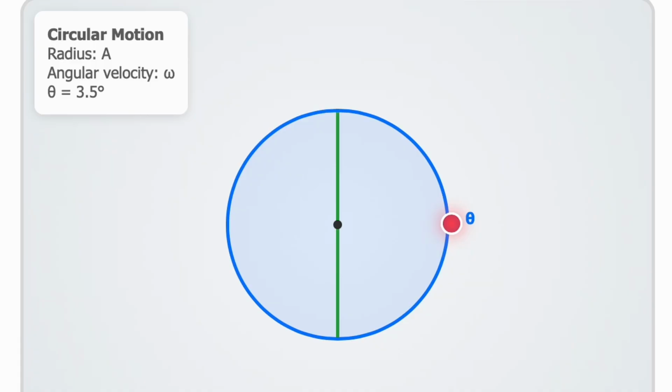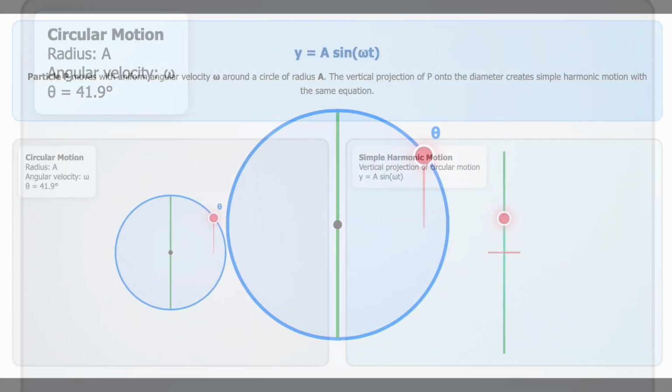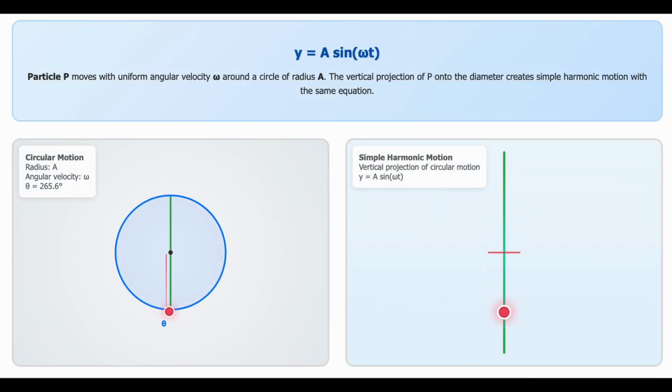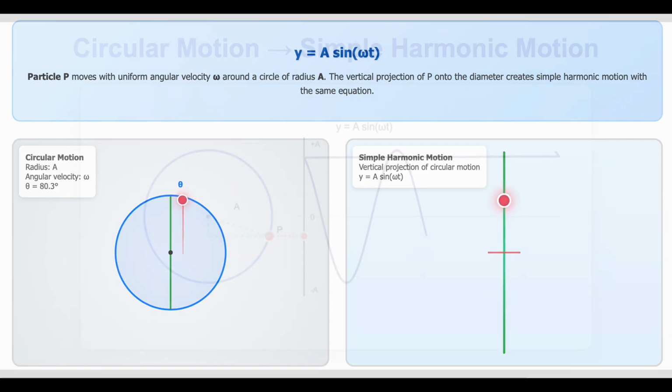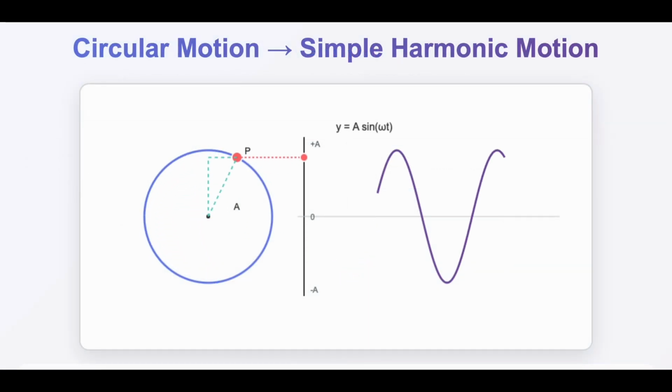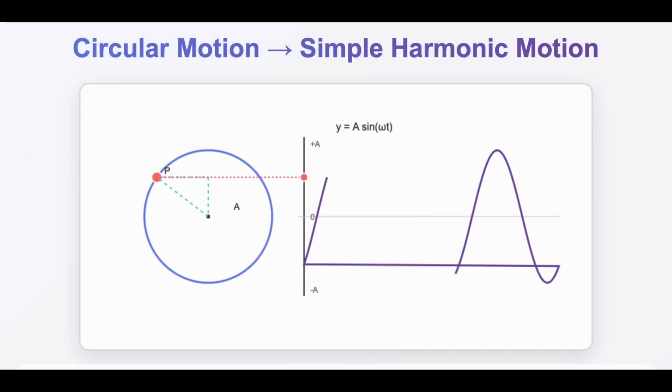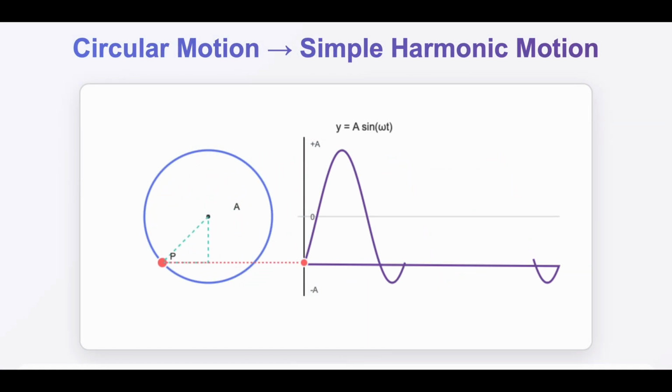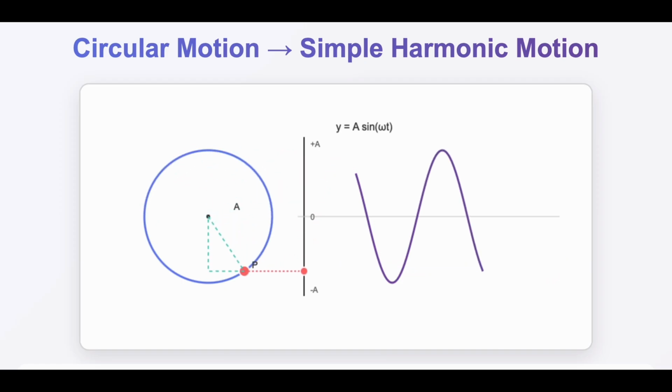The time it takes to complete one cycle is the period of oscillation, usually represented by capital letter T. Now, imagine a particle moving in uniform circular motion around a circle of radius a with angular velocity omega. If we project this particle vertically onto the circle's diameter, that projection performs simple harmonic motion. At any given moment, we can draw a right triangle where the radius is the hypotenuse and the vertical projection is the opposite side.